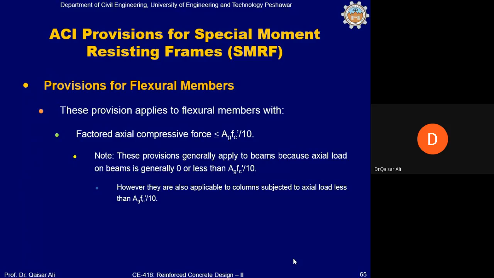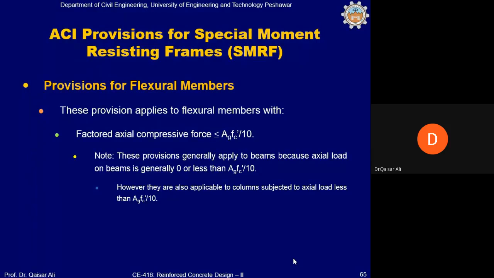We were talking before the break that there are some general provisions for special moment resisting frames, and then there are specific provisions of the ACI code for the different types of moment resisting frames. These provisions we are discussing right now are related to special moment resisting frames.